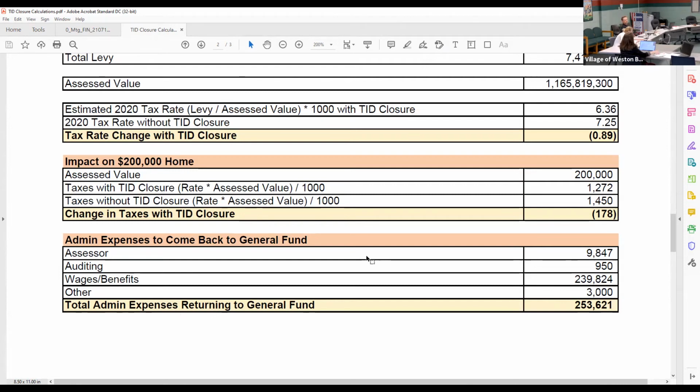I think I had the same question about the American Recovery money. Yeah, but those are two separate things. This is general levy, which you can't just throw in a separate fund, unlike the ARPA money, which I can throw in a separate fund because it's a non-levy revenue source.